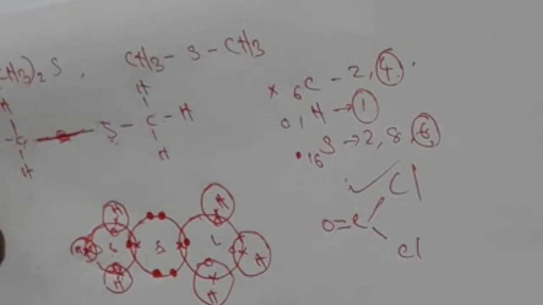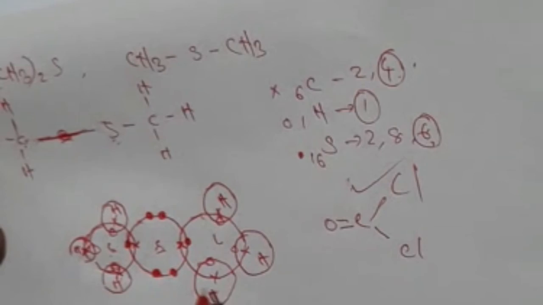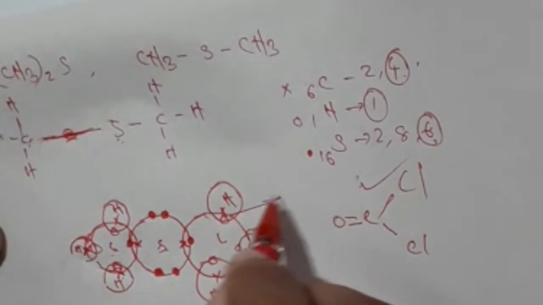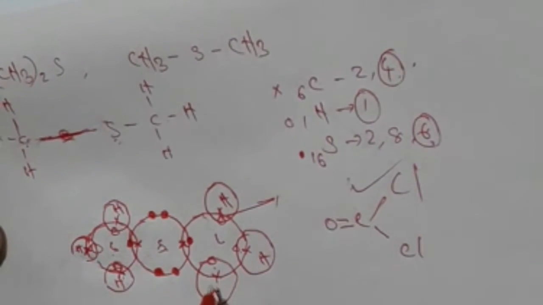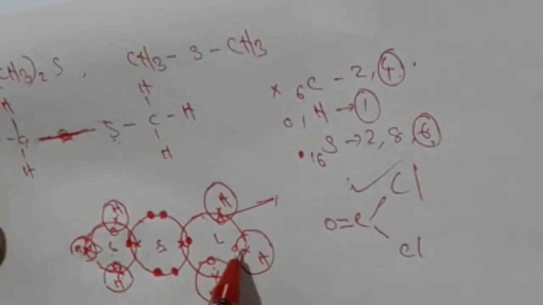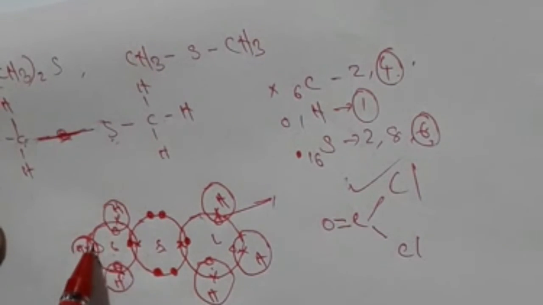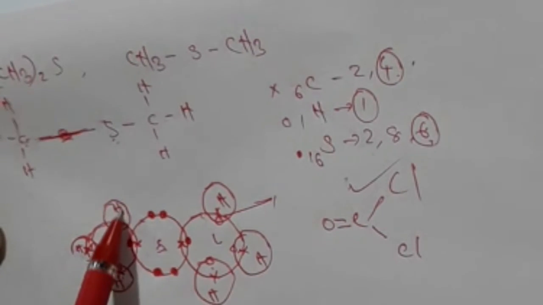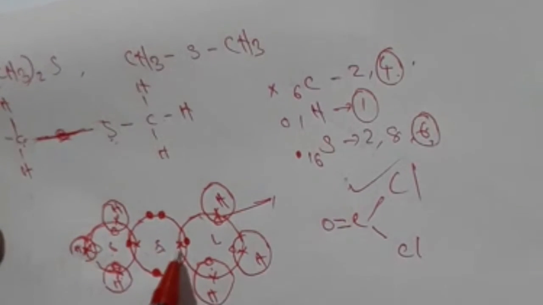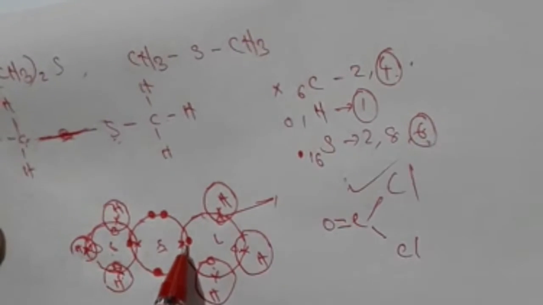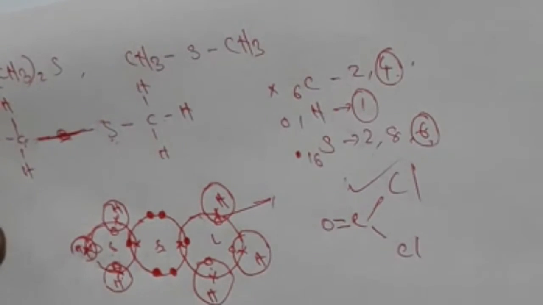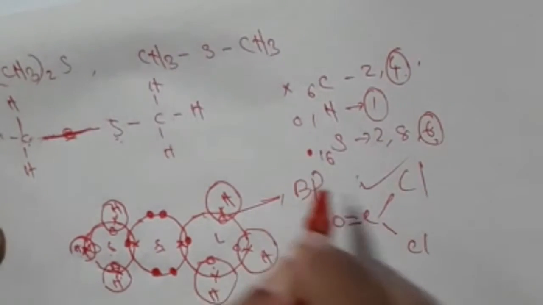Sometimes the question asks what the different pairs of electrons are. The pairs of electrons which are involved in chemical bonding, between carbon and hydrogen, and sulfur and carbon, are called bond pair electrons.